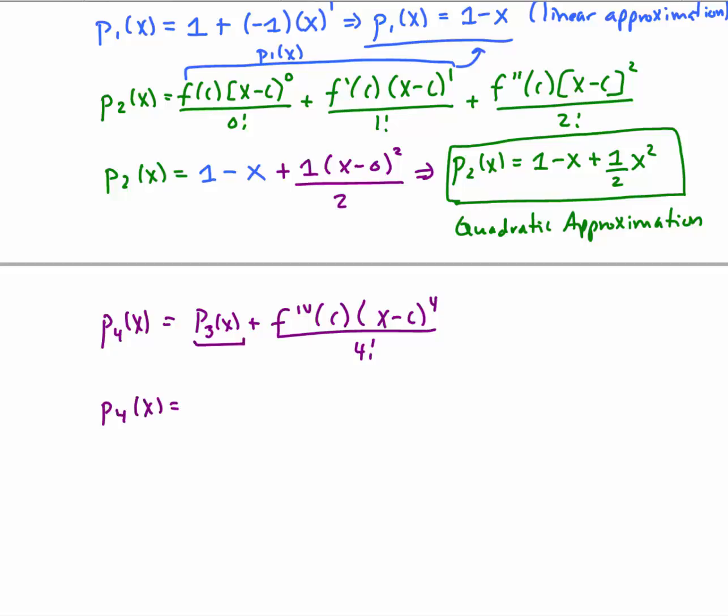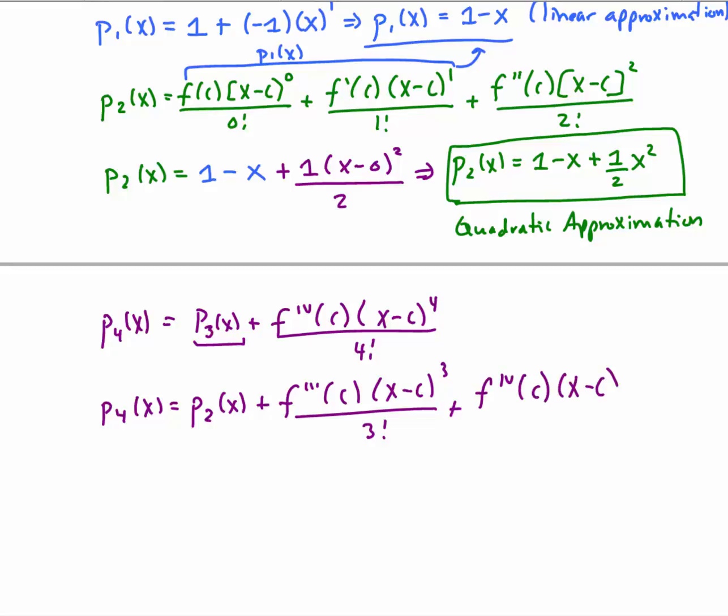So in order for us to figure out what P3 is, if we want to take that shortcut, if we already knew it, we could just write it down. That would be equal to P2 of x plus the third derivative, (x minus c) cubed over 3 factorial, plus this last term, the fourth derivative evaluated at center, (x minus c) to the fourth over 4 factorial.